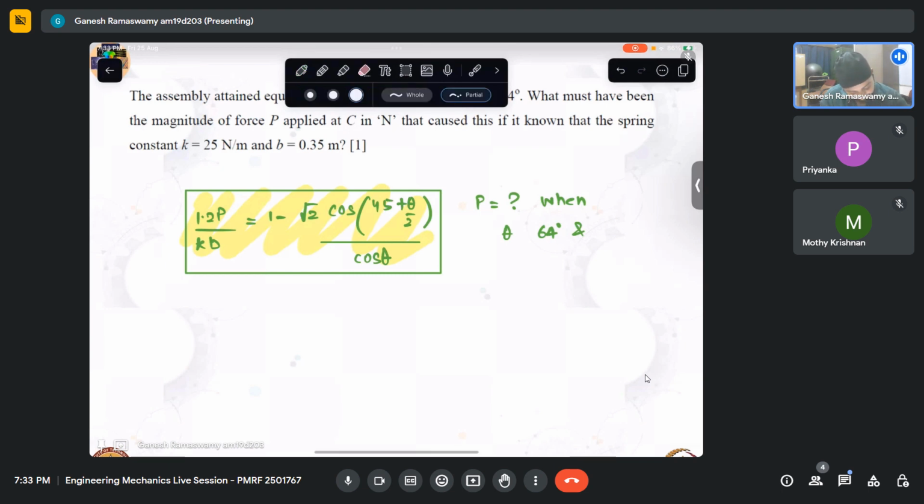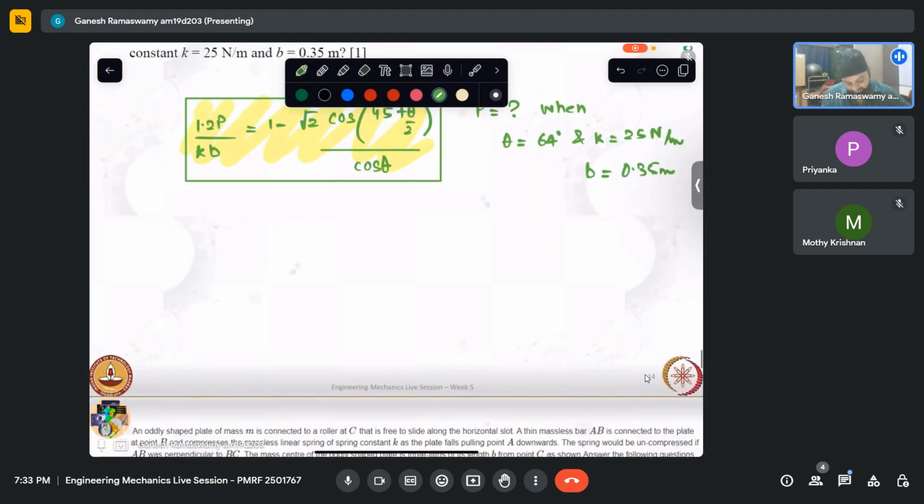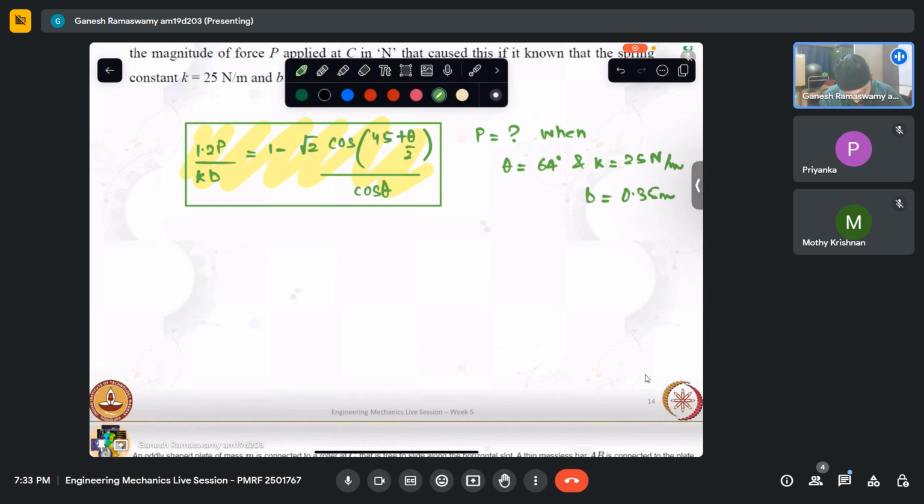K is 25 Newton per meter. B is given to be 0.35 meter. So this is not much exciting. Anyway, I'll just do this. P is KB.